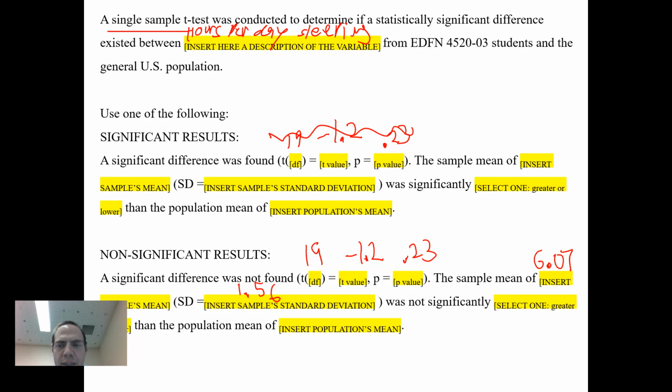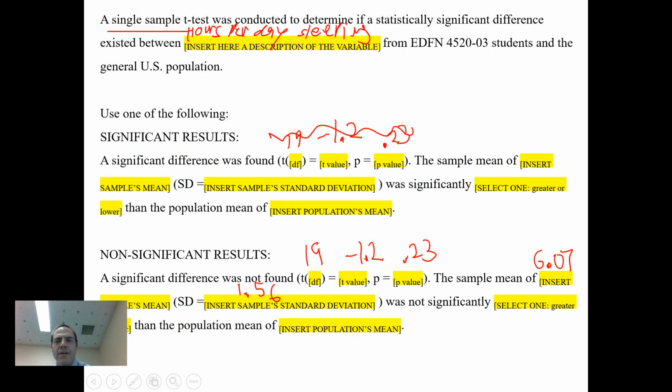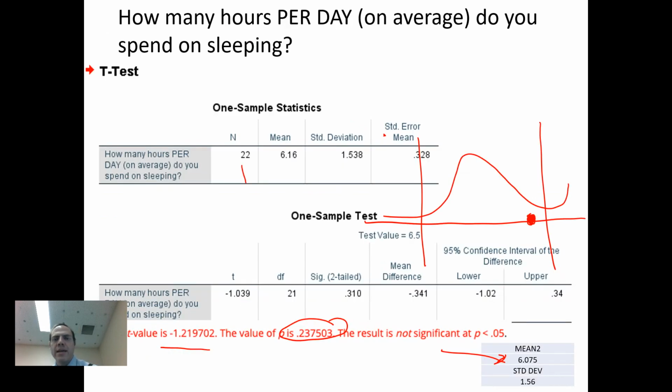I guess you could say it was not significantly lower. Let's see. Okay, was not significantly lower, because this is the national average. This is your average.